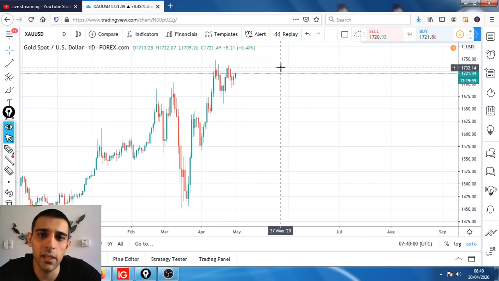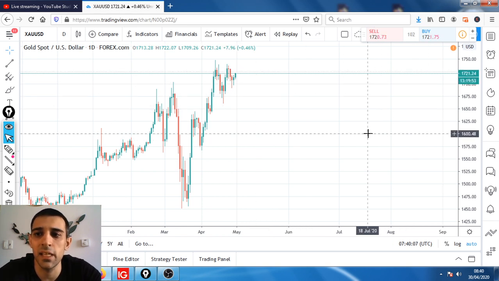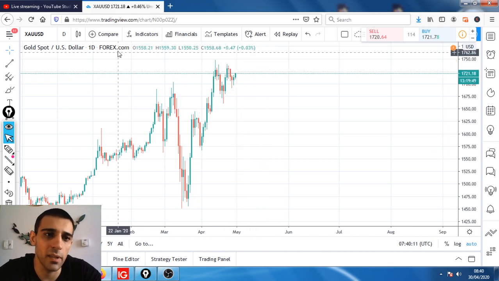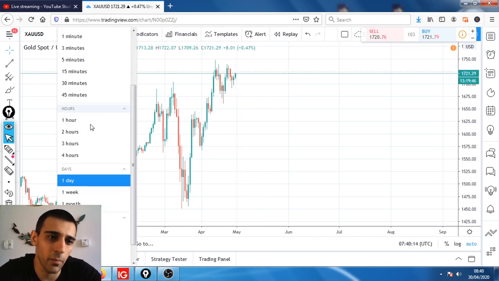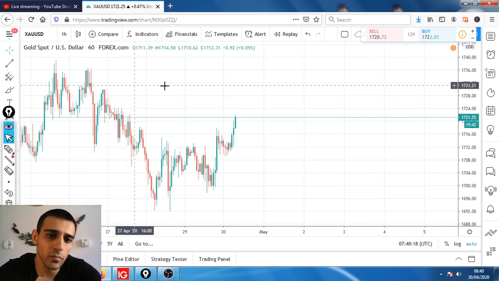Even in here, the good target would be at 1730, but the price is sitting at 1721, so it's only about 9 pips. It's not a great pip range, but let's still discuss what we have.